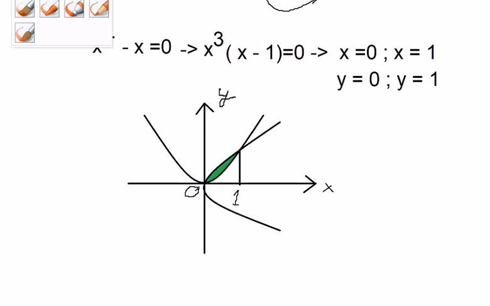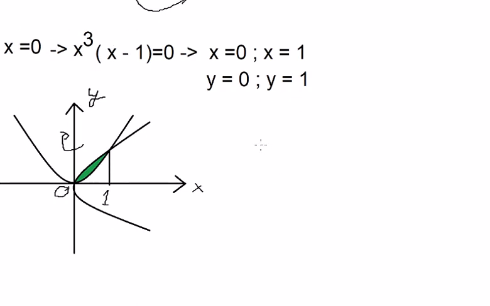So now we use the shell method, which is for rotating about the y-axis. The formula for this one should be dV equals 2π r h dx, and r is the radius.